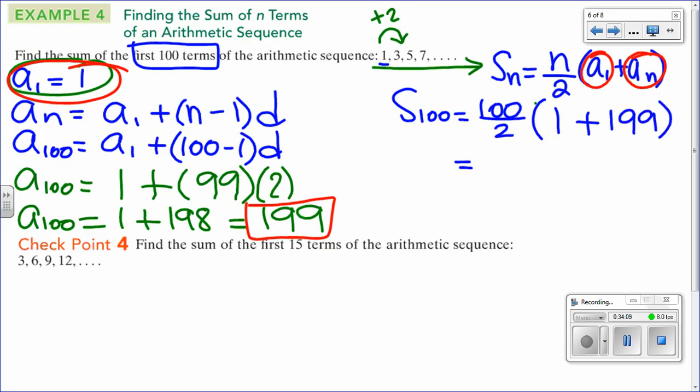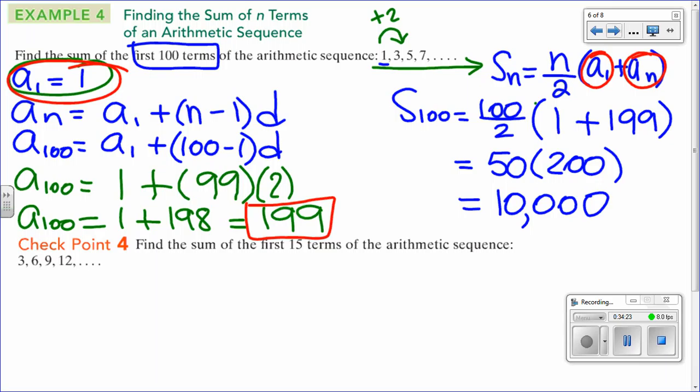So in this case, 100 divided by 2 is 50. 1 plus 199 is 200. And 200 times 50, that will be 10,000. Yes.